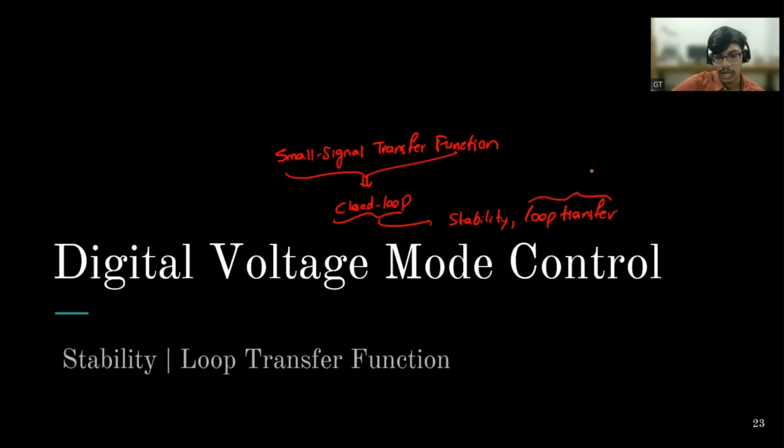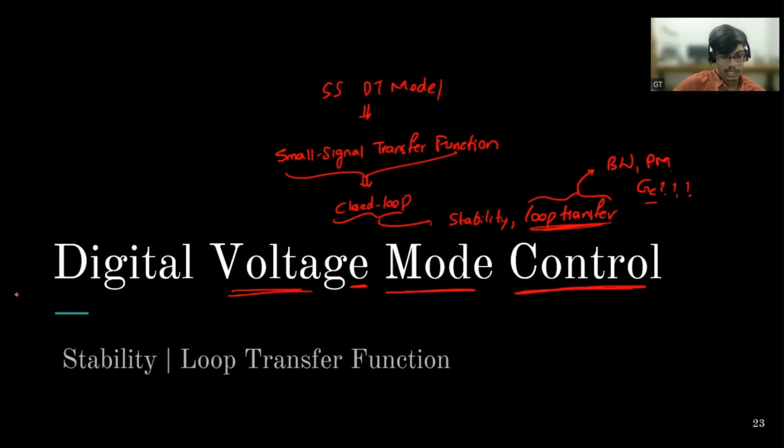I'll try to achieve a certain bandwidth and some phase margin. So accordingly, I'll get my GC so that my loop transfer function will have this bandwidth. From the small signal DT model, we are deriving these small signal transfer functions that I'll be using first for digital voltage mode control. Using this, I'll derive stability as well as the loop transfer function.